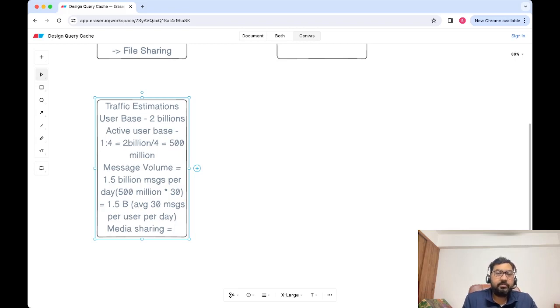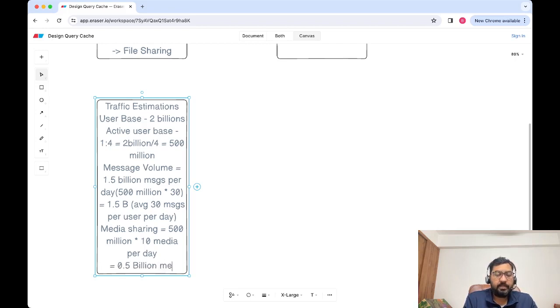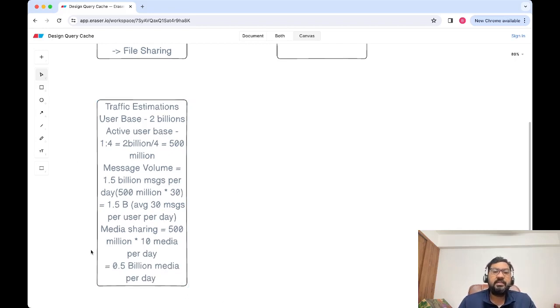Suppose we have 500 million users, and maybe they are sharing 10 media per day. So this roughly comes to 0.5 billion media per day. Okay, so this is all the math that we have done on the traffic estimation.